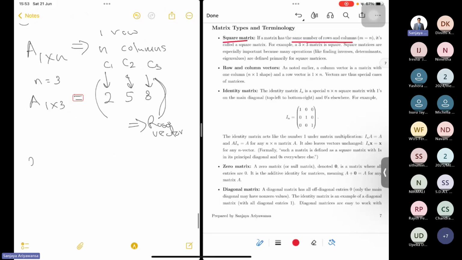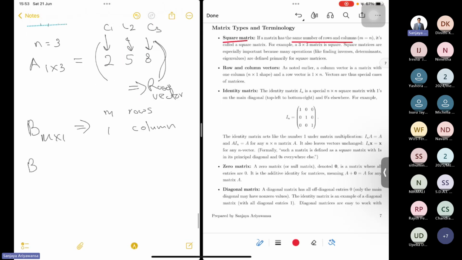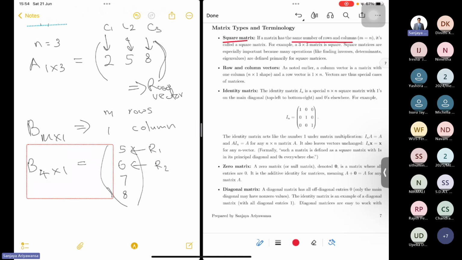But let's take another one. B, let's take m by 1. This is telling you there are m rows, but only one column. So let's take an example, again, let's say 4 by 1, where m is 4. Here you see there are 4 rows, row 1, row 2, row 3, and row 4, but only one column.